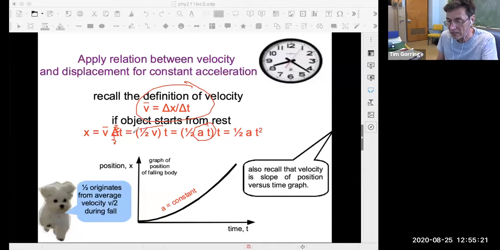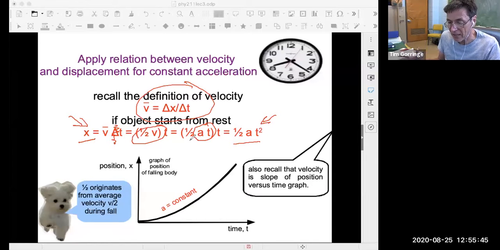So I put in two things here. Put in the average velocity in terms of the final velocity, put in the final velocity in terms of the elapsed time. And I've made an equation. And it's an equation that relates the distance traveled, or displacement, to the elapsed time, t.